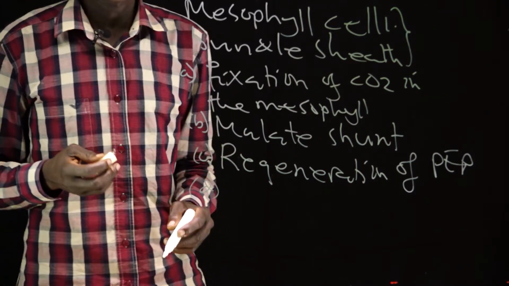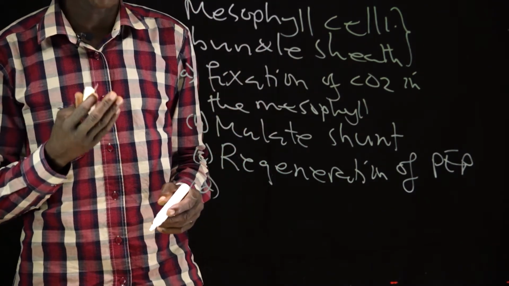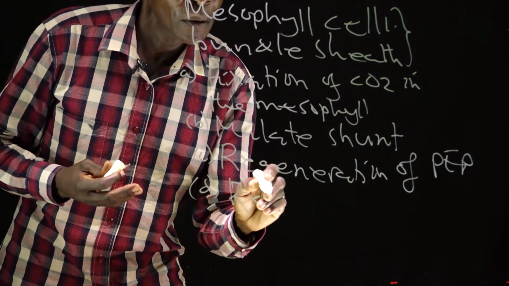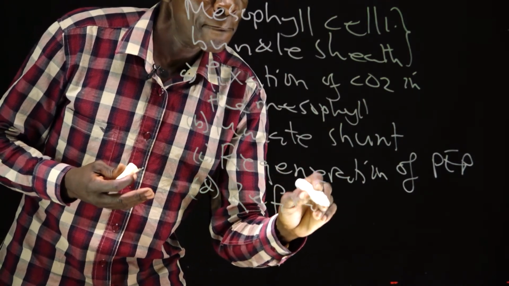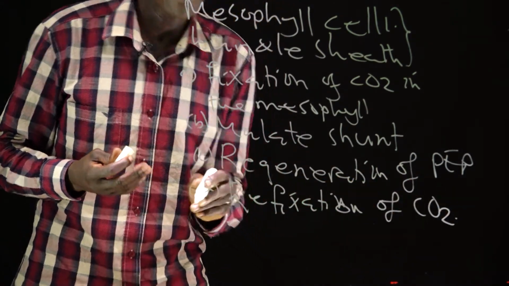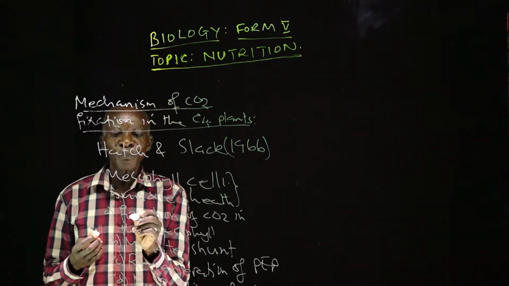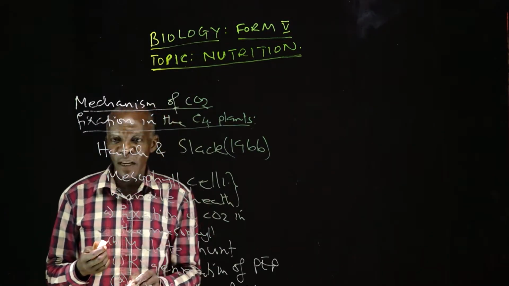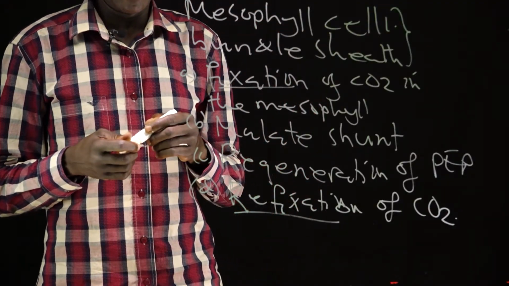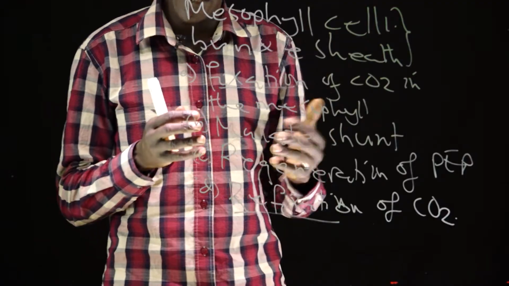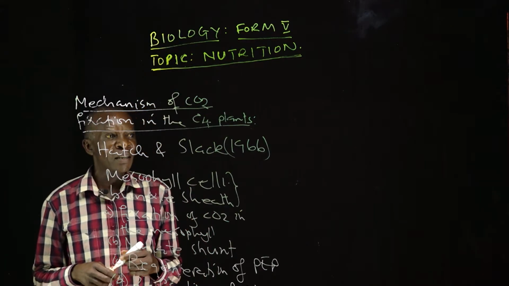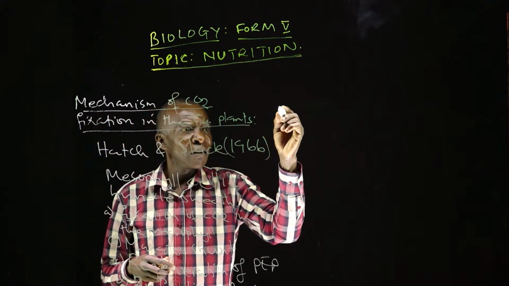And lastly is refixation of carbon dioxide in the bundle sheath. We have fixation of carbon dioxide and refixation of carbon dioxide, and this is clarifying the fact that carbon dioxide in the C4 plants is fixed twice.